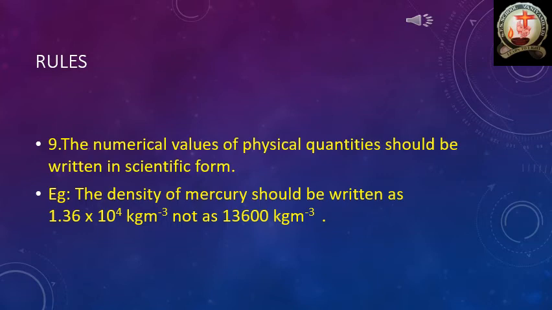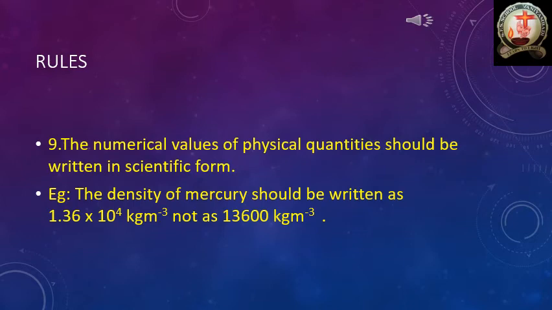We have to write like this, not as 13,600 kg m power minus 3. This is the normal form, 13,600. We don't follow that one. We have to follow the scientific form. Scientific form means we must write powers of 10: 10 power 1, 10 power 2, 10 power 3, 10 power 4, like that.